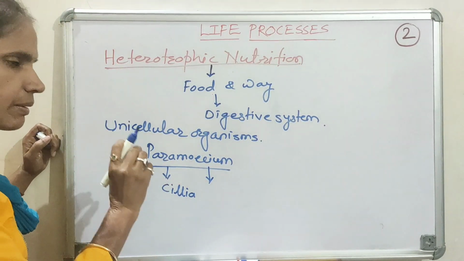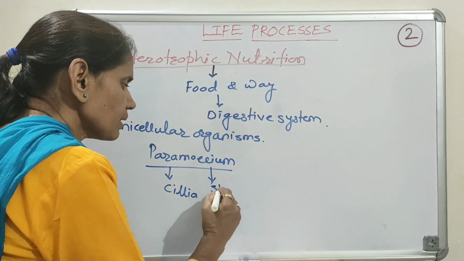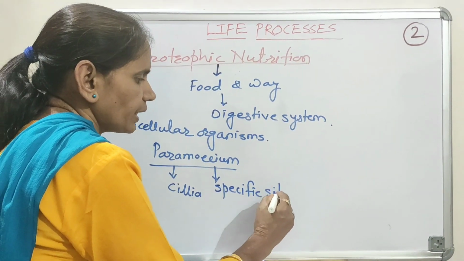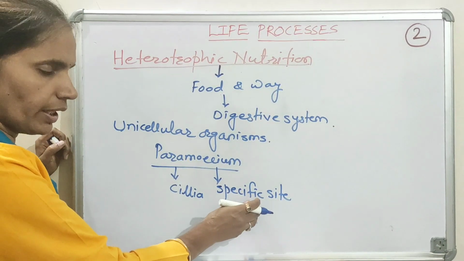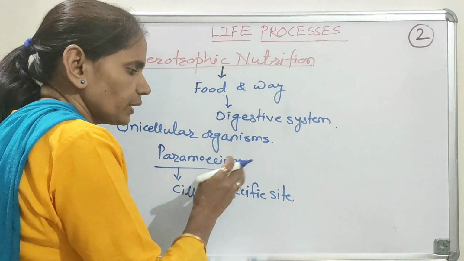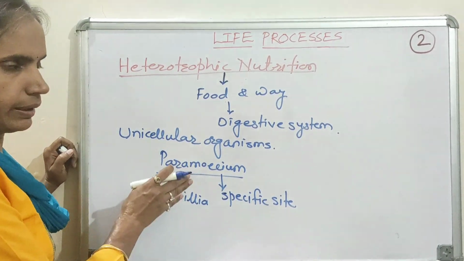Even though it is a simple unicellular organism, it has a specific spot or site at which it gets the food, and the food is brought near that specific site by the movement of cilia.